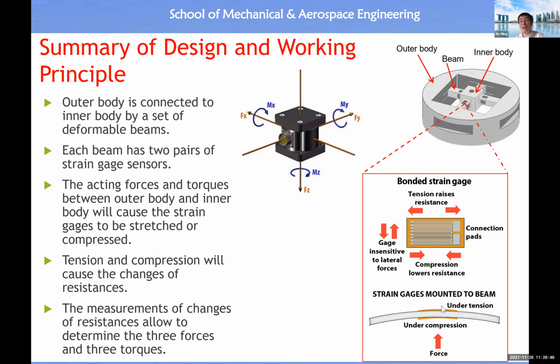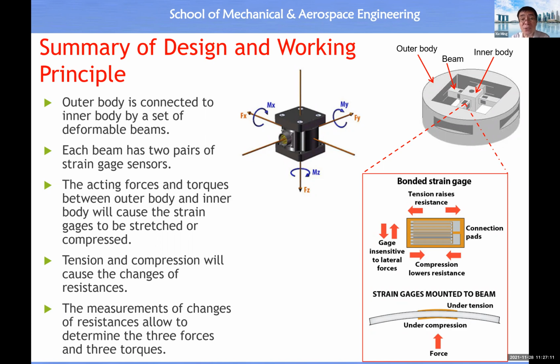When there is a tension, then resistance will be increased. So by measuring the variation of resistance, we can relay the reading from the sensor element to the actual interaction. Okay, and then after calibration, we can have accurate measurement of the force and the torque.